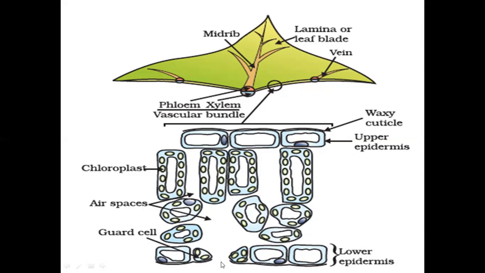So in this way, from the lower epidermis it is getting the carbon dioxide through air, and from the xylem it is getting the water. So now the leaf has water, carbon dioxide, and it contains pigment for trapping the sunlight. In this way, all the requirements of photosynthesis are present with the leaf. So how these things work and how they lead to the formation of glucose, let us see that.